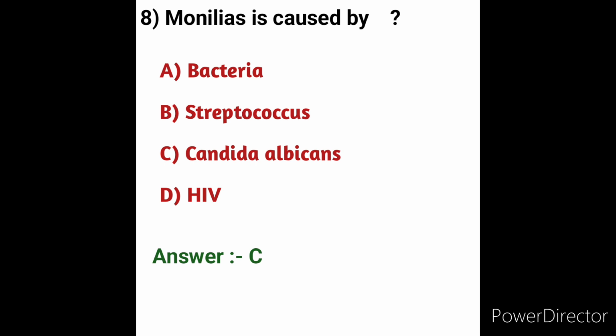Not only the mucous membrane, skin, intestine and vagina can also be infected through moniliasis. So option C, Candida albicans, is the correct answer. Next we will move on to question number 9.